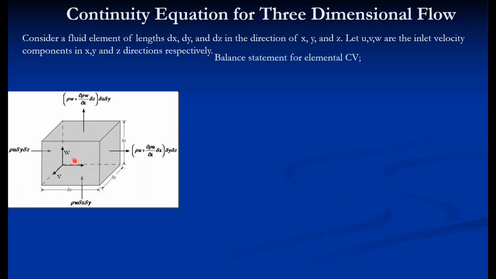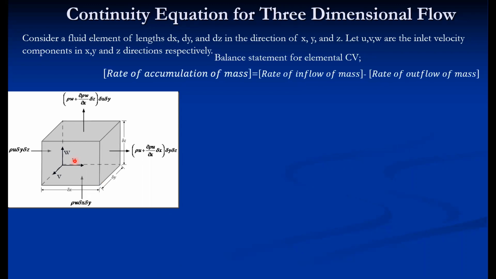So according to the balance statement, or we can say according to the law of conservation of mass for the given control volume, the rate of accumulation of mass within the control volume is equal to the rate of inflow minus the rate of outflow. So the fluid enters the control volume from the left face and bottom face, and leaves the control volume from the right face and top face.